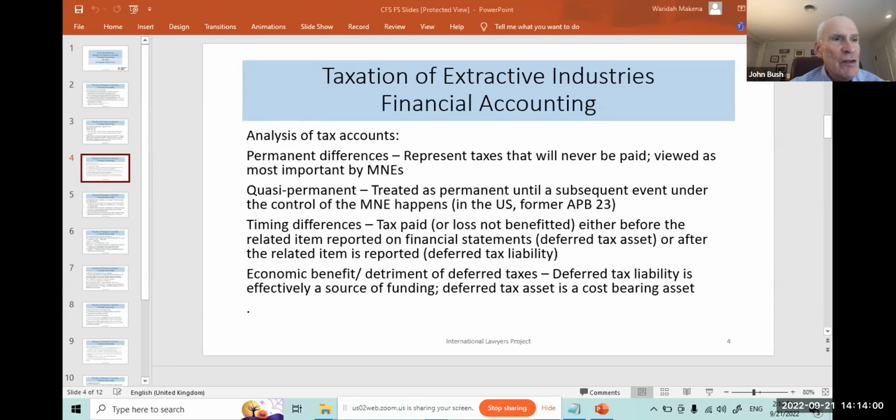Conversely, a deferred tax asset, which is a prepayment of a tax, is a burden on the business, and it is a cost-bearing asset, just like any other asset that's put on the balance sheet. So it's easy to say deferred tax assets and liabilities and not focus on their significance, but they do have an economic significance that's worth paying some attention to.